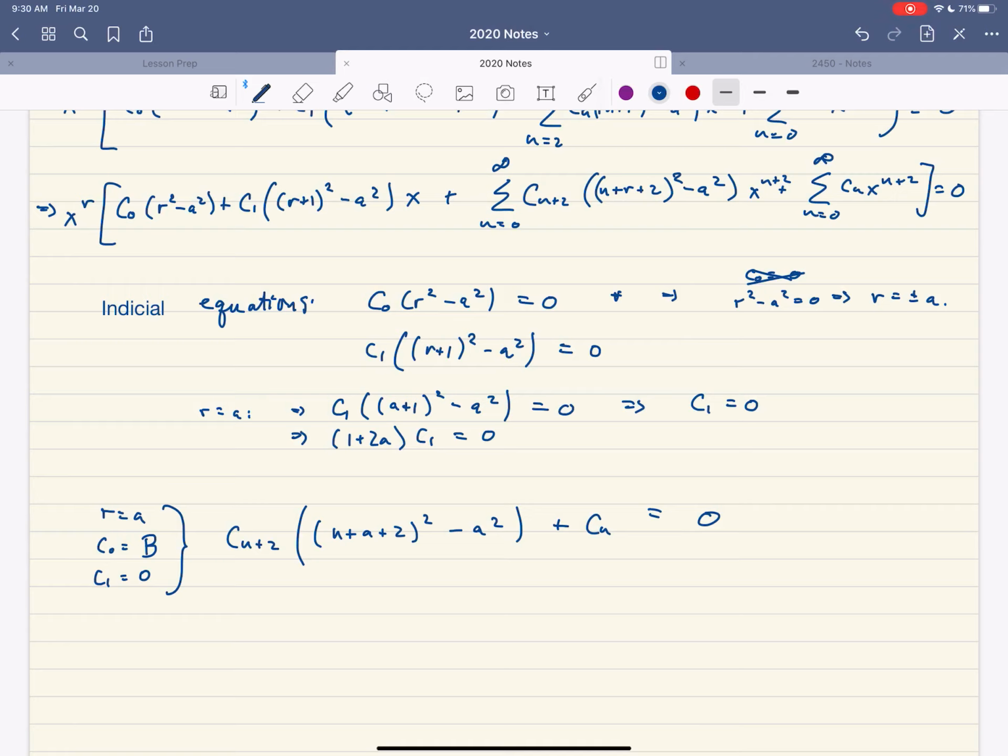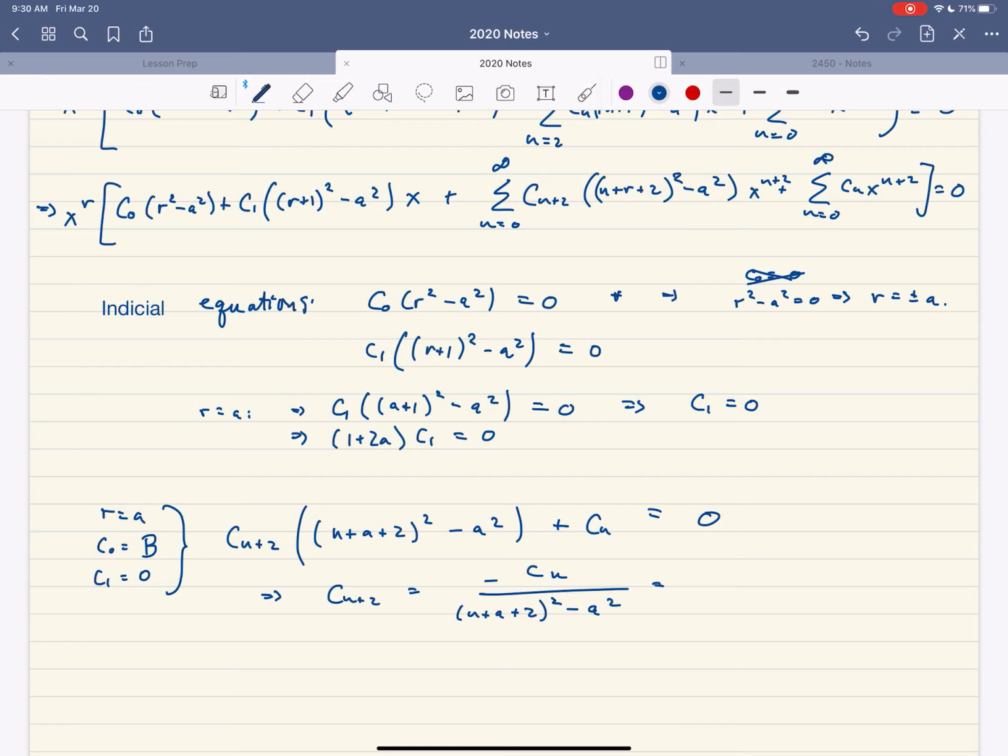And so what that means is that C sub n plus 2 is going to be negative C sub n over this quantity (n plus a plus 2) squared minus a squared. And if we want, we could factor that out if you really want. So this is a difference of two squares.